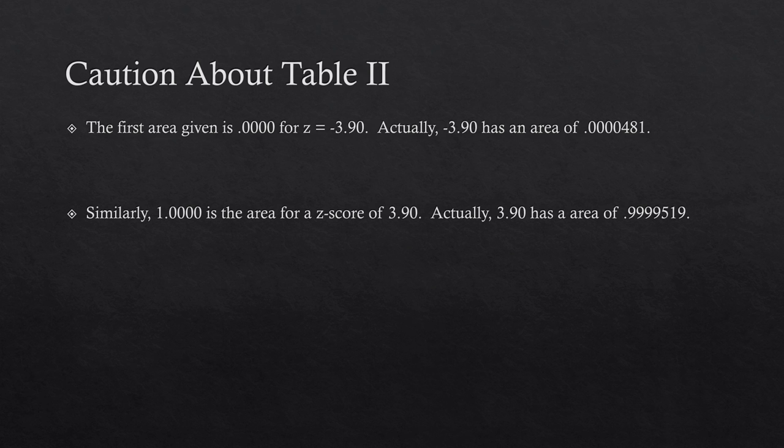Just like if you were looking at the area where it's 1, which is a z-score of 3.9, that's actually 0.9999519, which is rounded up to 1 with our 4 decimal places. So you got to be careful.